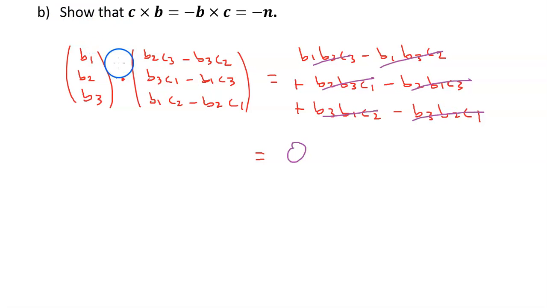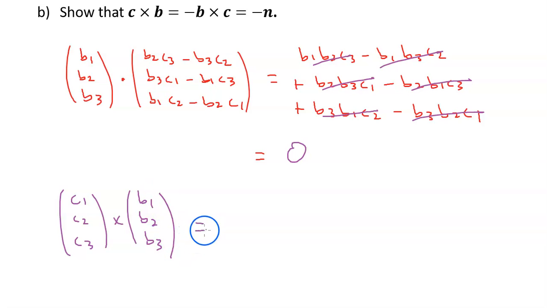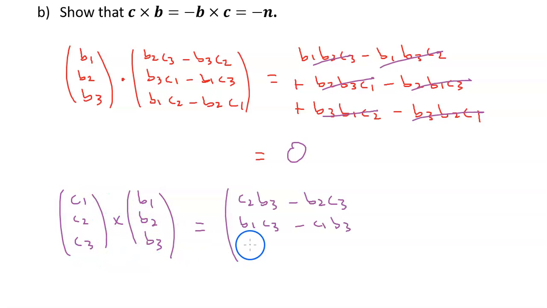Not a problem. So C cross B, (C1, C2, C3) cross (B1, B2, B3), is going to be equal to C2, B3 minus B2, C3, and then for the middle, we have to take the negative, so it's going to be B1, C3 minus C1, B3, and then delete the last row, C1, B2 minus B1, C2.